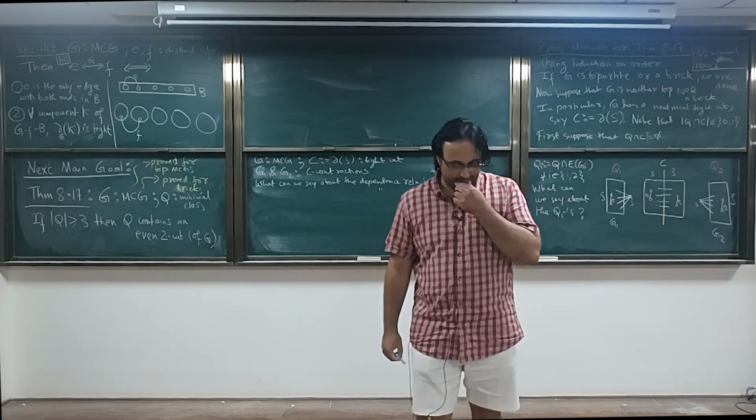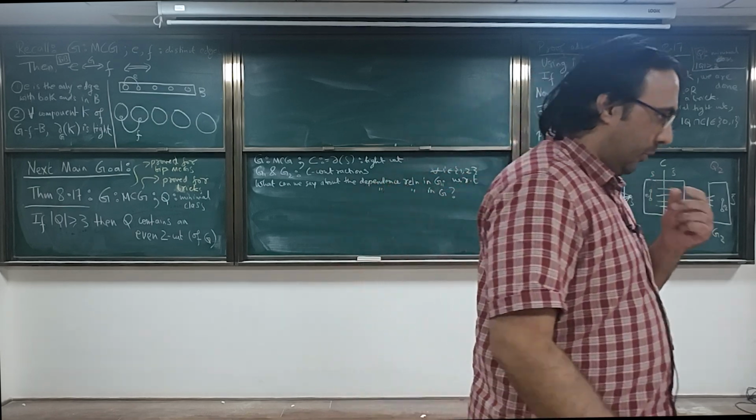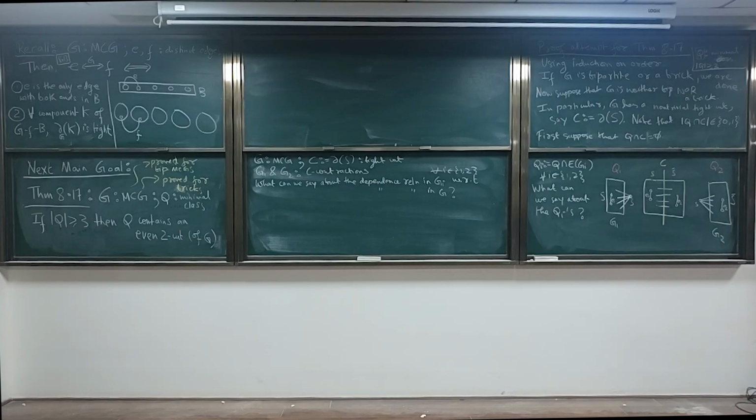So think about two edges in G1, E and F. If E depends on F in G1, observe that then E also depends on F in G. Because if E were not to depend on F in G, then you take a perfect matching containing one and not the other, take a restriction to the smaller graph because it is a tight cut.